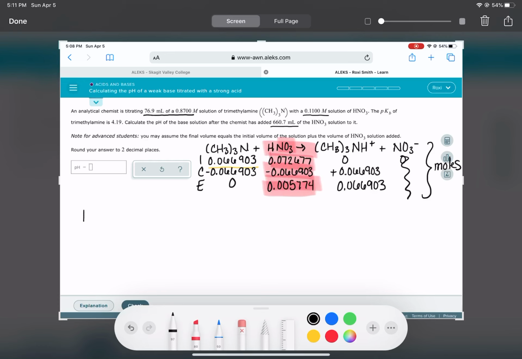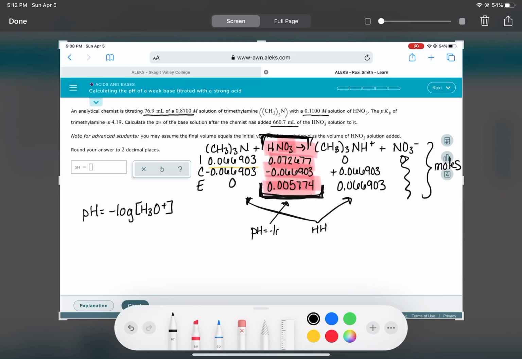Because we have leftover strong acid, that's what we will use to calculate the pH. We would only use Henderson-Hasselbalch if we had this guy and this guy. So if we have these two, we use Henderson-Hasselbalch. If we have this guy, then we use pH equals negative log of H3O+.